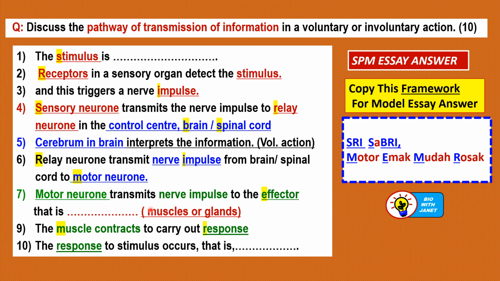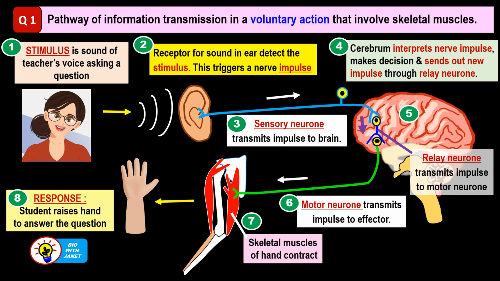Next, motor emak mudah rosak. So motor is for motor neuron, emak, the E is for effector, and then the M is for muscle. Effector is usually the muscle, the skeletal muscle. And then response is R. Okay. So copy this out, memorize it, and it will help you to answer the question more easily related to this topic.